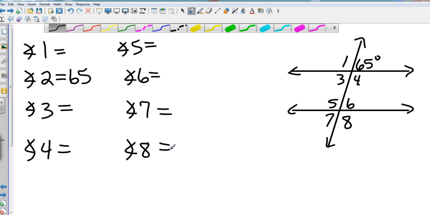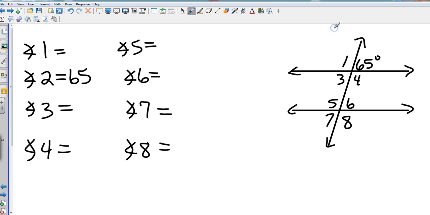So the linear pair to 65 is going to be 115. And so angle 1 is 115 degrees. Well, we can look at vertical angles. If angle 2 is 65, then angle 3 is 65. If angle 1 is 115, then angle 4 is 115.